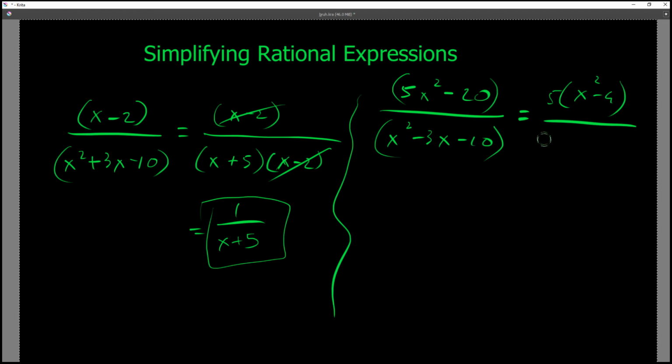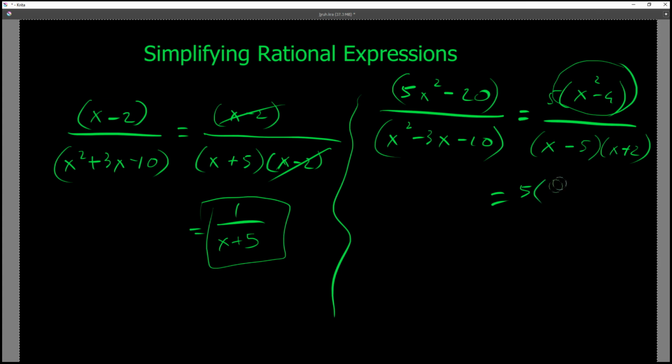And the bottom is a quadratic, so I'm going to factor, so (x - 5)(x + 2). And nothing looks the same. I can't cancel anything. I can't cancel this 5 with this 5 because this 5 is stuck with this x. I can't cancel this 2 with that 4 because they're stuck.